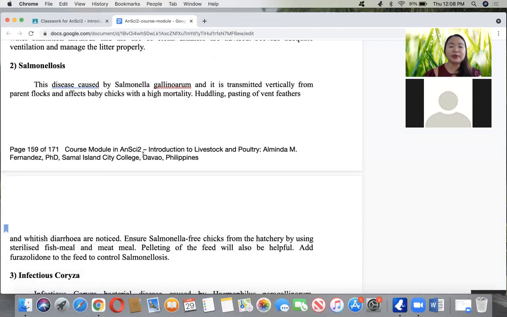Next is salmonellosis, caused by Salmonella gallinarum. We also have Salmonella bacteria that cause infection in humans. These are transmitted from the parent flocks and affect the baby chicks, and they could die, high mortality. The symptoms are huddling, pasting of feathers, and whitish diarrhea.